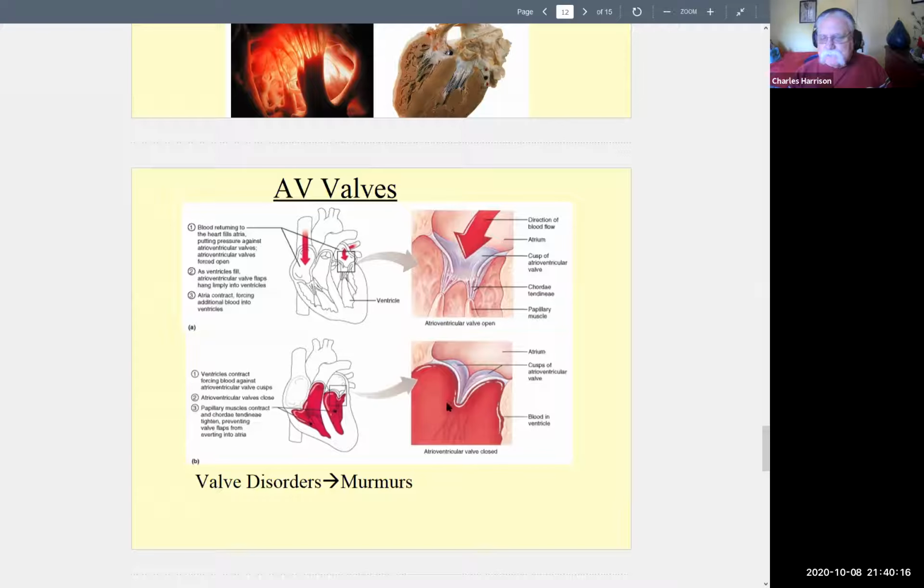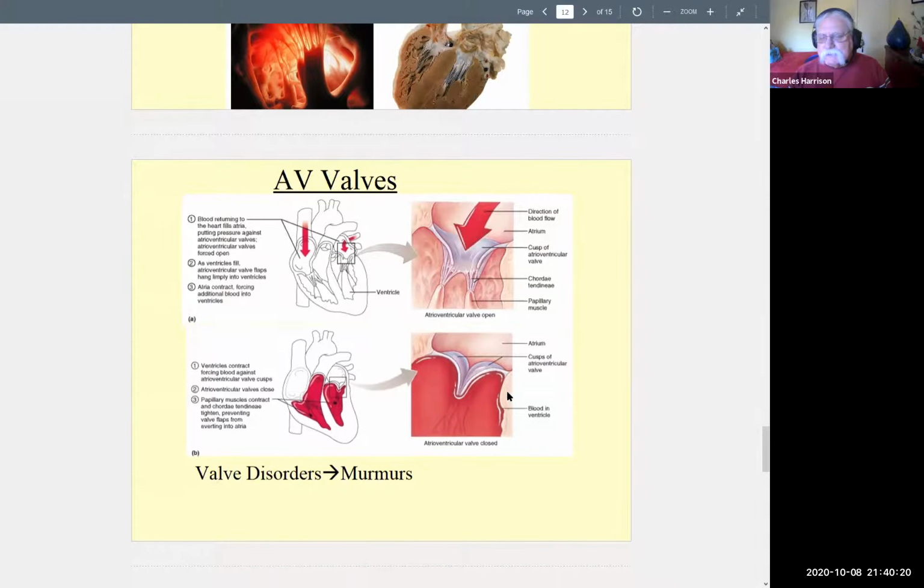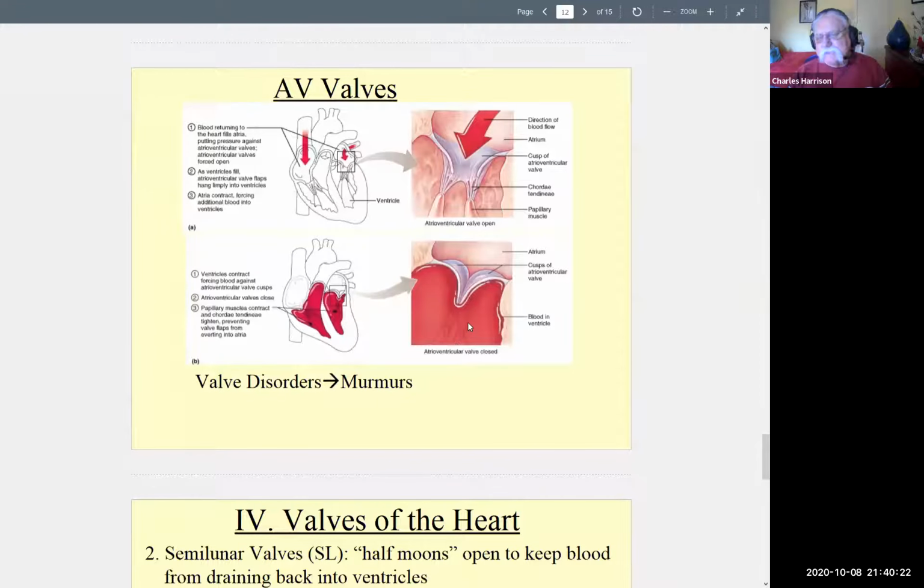And when that happens, this closes and is held in place by the very faintly distinguishable chordae tendineae. If the chordae tendineae weren't there, these flaps would completely go backwards and be totally useless.